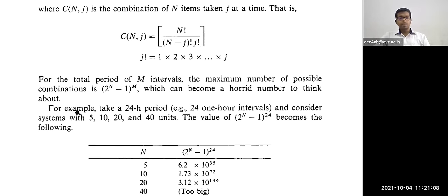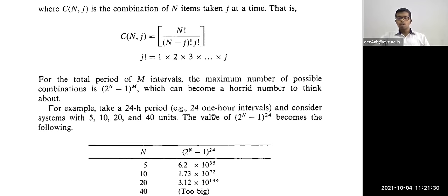Say for example, we are taking 24 hours as the period of time, because a particular day has 24 hours. So we are taking 24 hours, and consider 5, 10, 20, and 40 generating units.